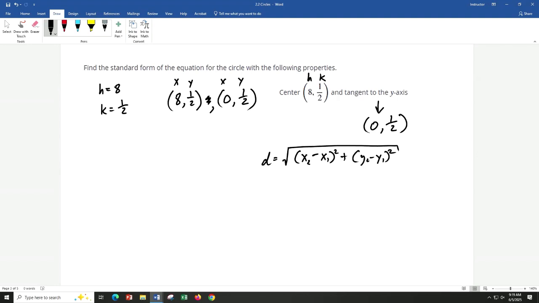Well, let's look here. Let's go and put 1s and let's put 2s. Come in here very carefully. X2 is going to be, I've got 0 minus 8 squared plus 1/2 minus 1/2.